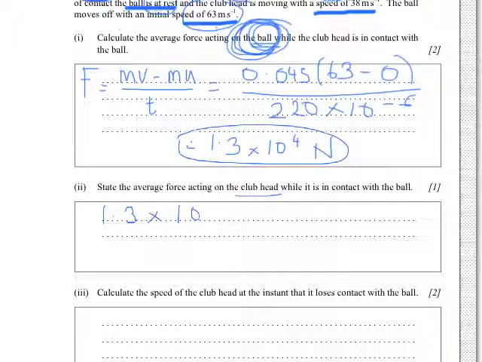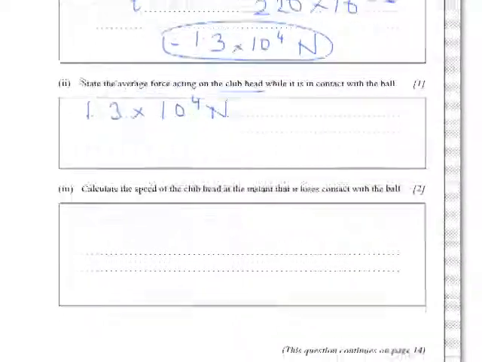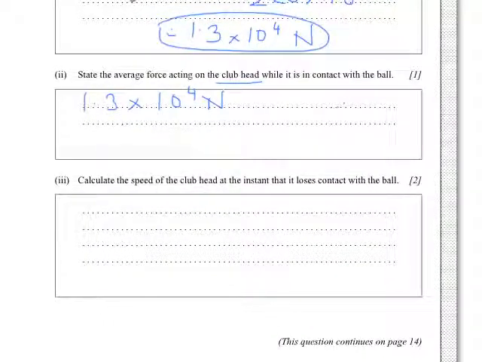If it's 1.3 times 10 to the 4 newtons on the ball, then the ball must be applying the same force on the club head. Okay. Question 3. Calculate the speed of the club head at the instant that it loses contact with the ball. We have conservation of momentum. It's probably the easiest way to calculate this.